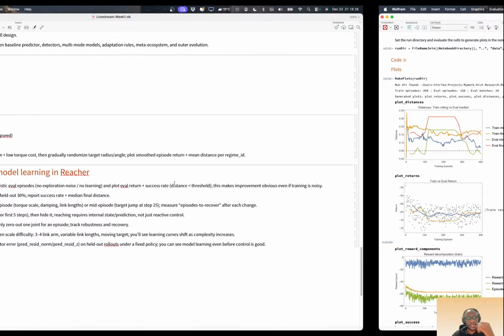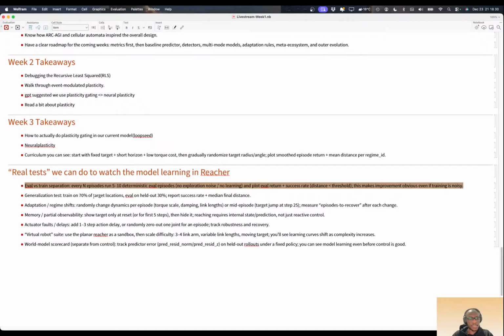By generalization test and evaluation, I'll show you how we have configured the system. A generalization test is like having a test on training locations, or in our case just target locations, because we are dealing in a rich environment.